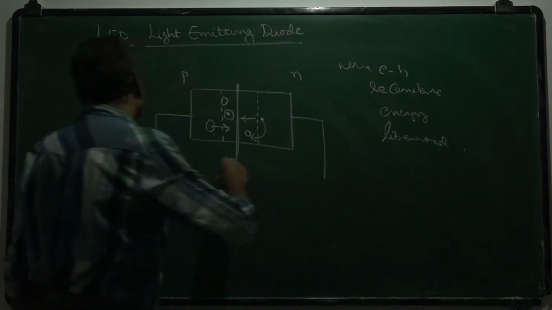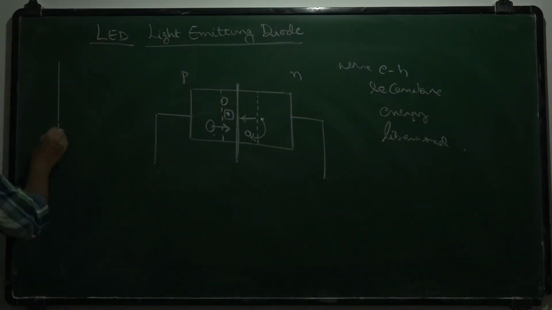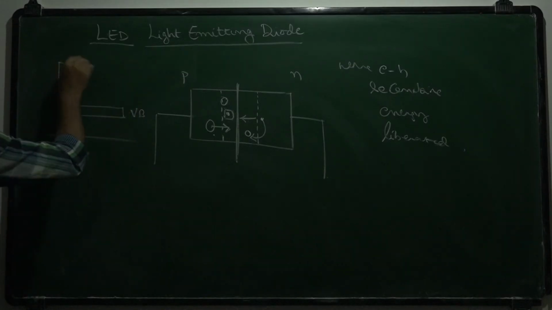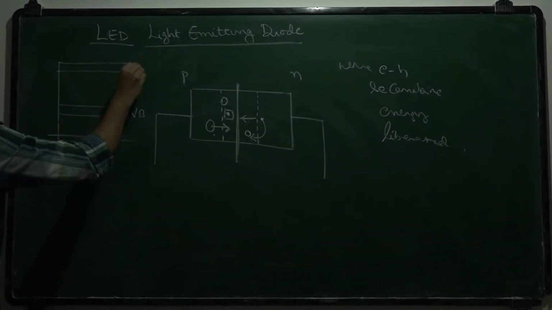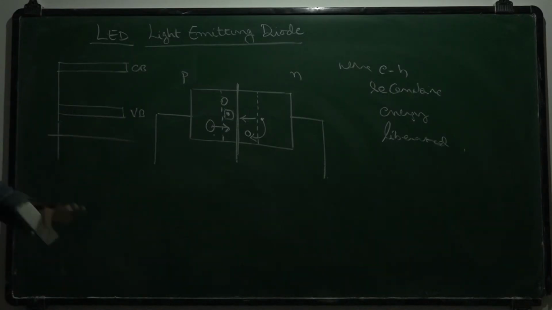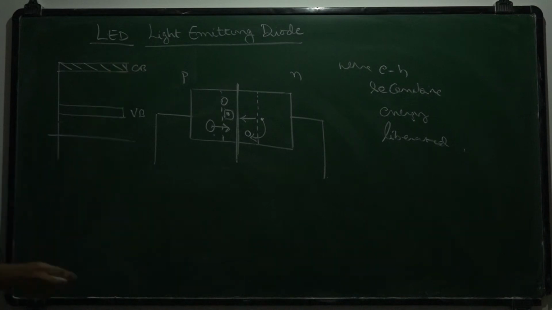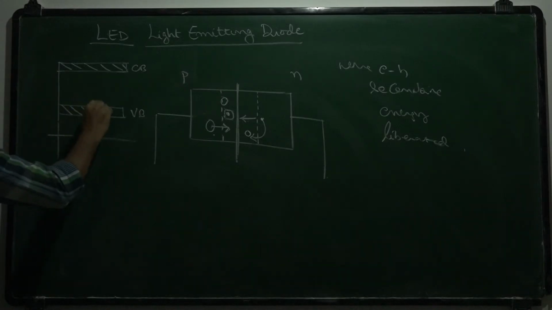Actually, if we consider an energy band diagram like this, this is the valence band, this is the conduction band. When an electron becomes a free electron, its energy will be conduction band energy. When it is a valence electron, its energy will be in the valence band.